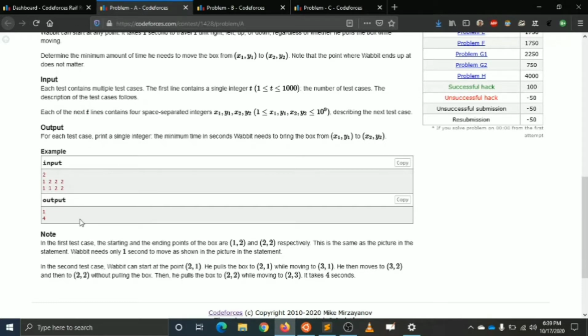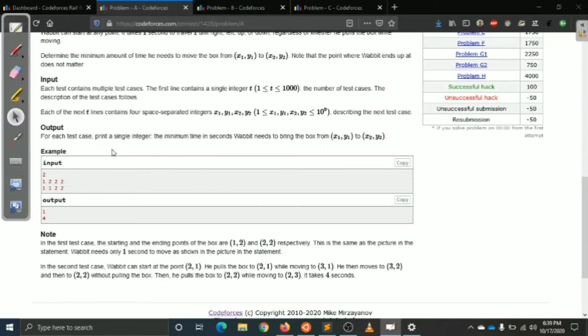So what that cost will be is what you have to pay for moving the box from x1 to x2. I am not taking y1 and y2 currently, but just moving from x1 to x2. So the cost is the absolute value of x2 minus x1. We are taking absolute because we are not concerned about the left and the right position. That's the idea, it is simple.